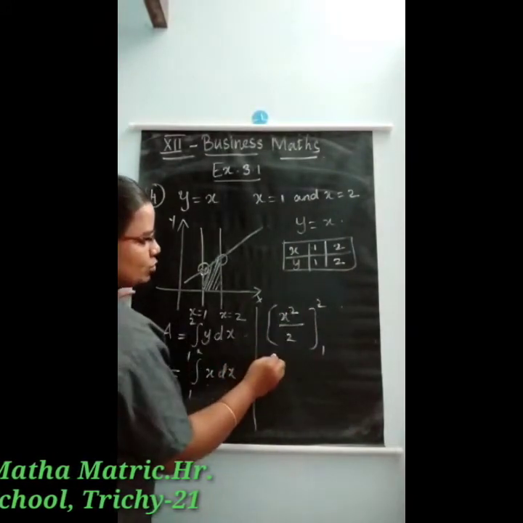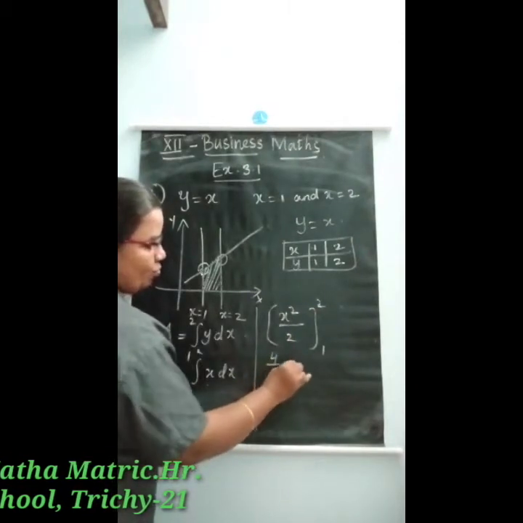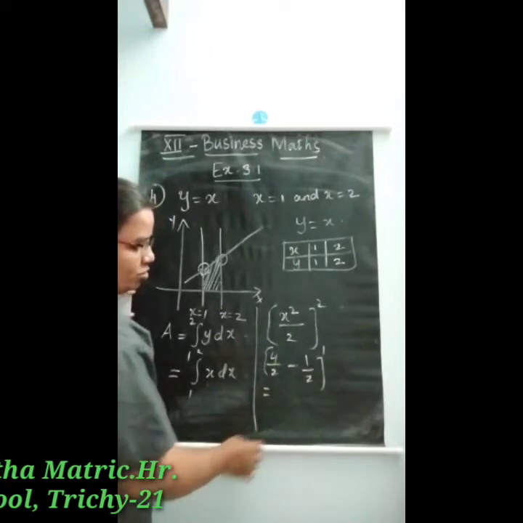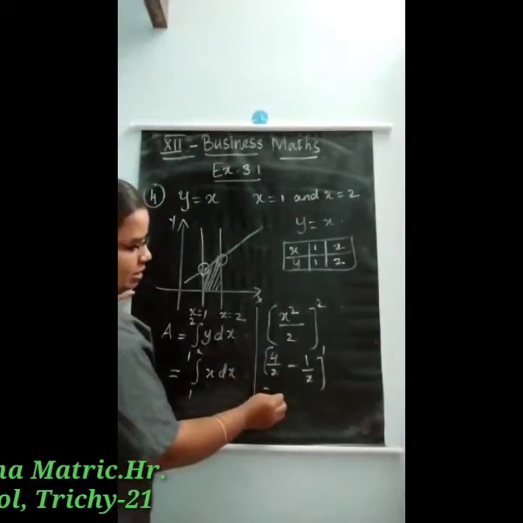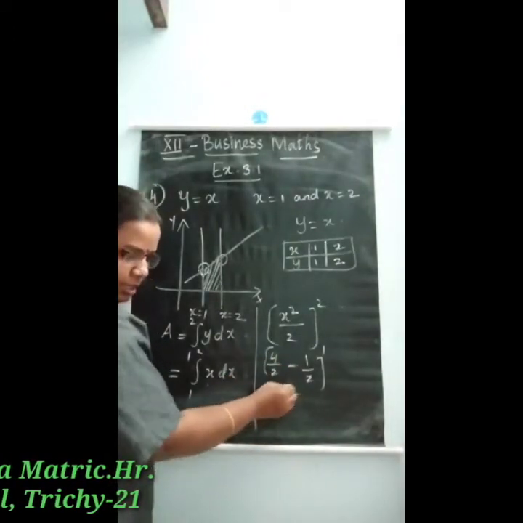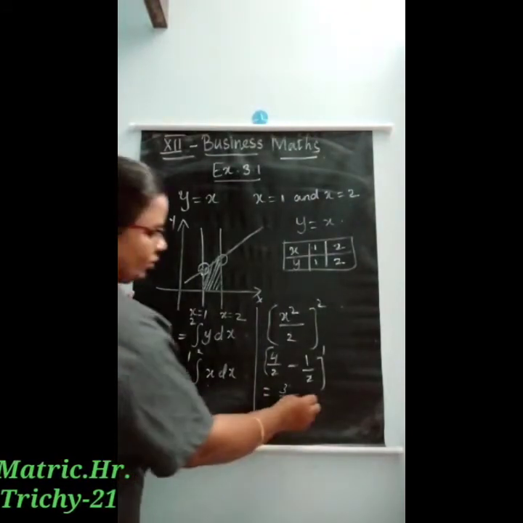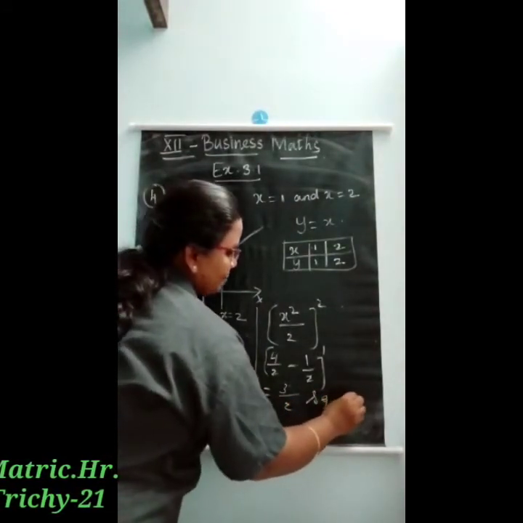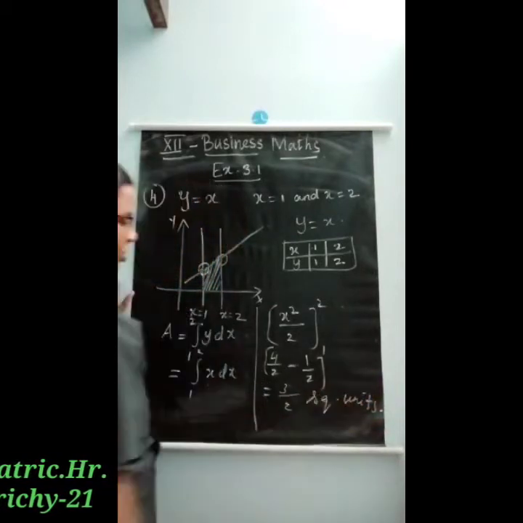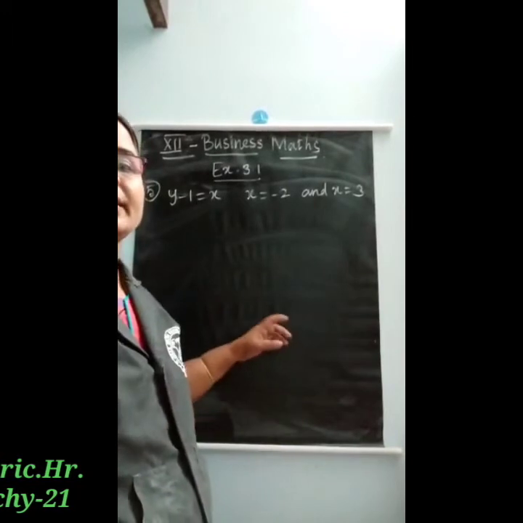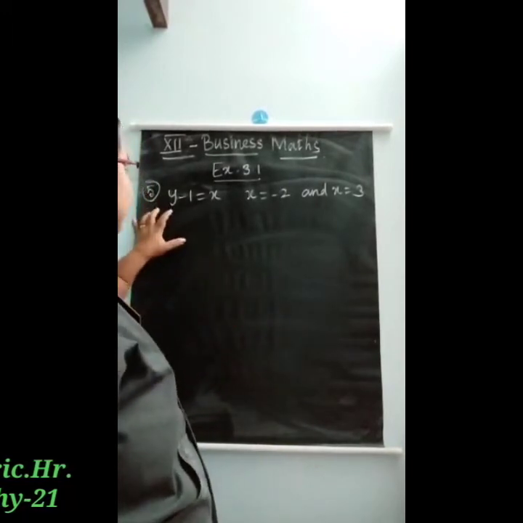This is 2 squared, so 4 by 2 minus 1 by 2. 2 is the LCM, 4 minus 1 is 3. So 3 by 2 square units. Can you understand, students? Next we will see the next question, fifth question.